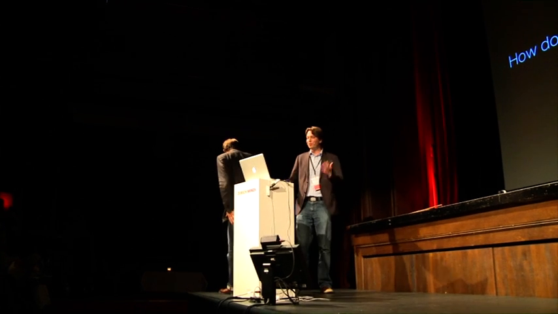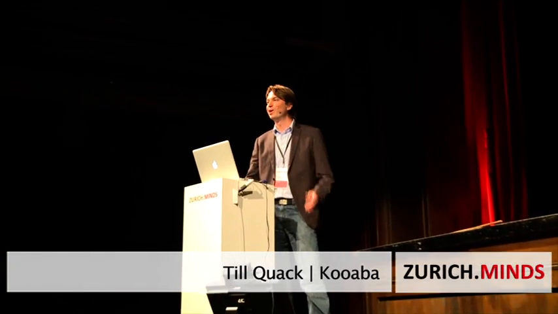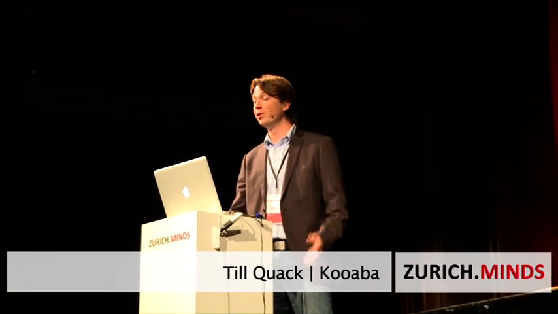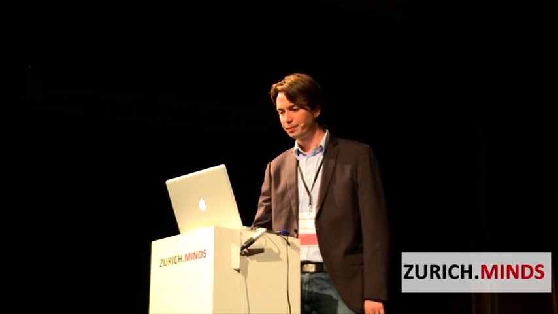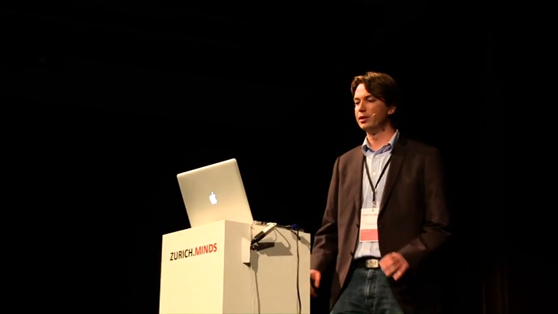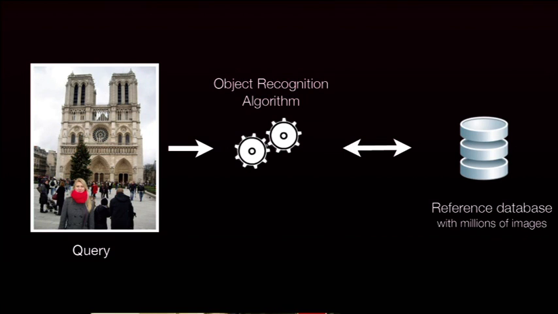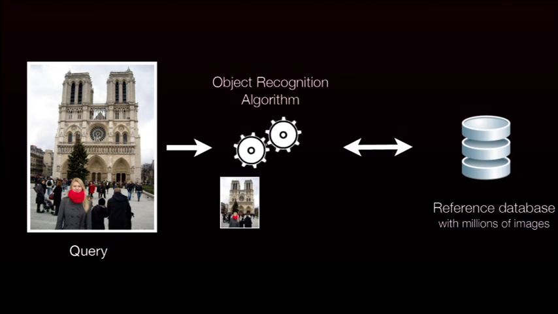By now you're hopefully curious enough to learn how we convert a regular digital image into a smart visual. The basic process is very simple. On the left-hand side, you have a query image, the image you want to turn into a smart visual. On the other hand, you have a huge reference database containing millions and millions of images. And in between, you put an object recognition algorithm.